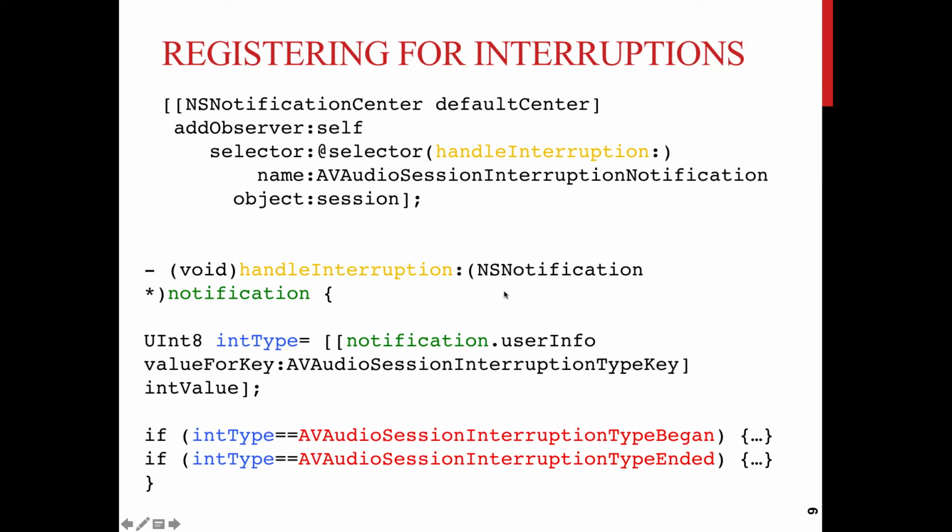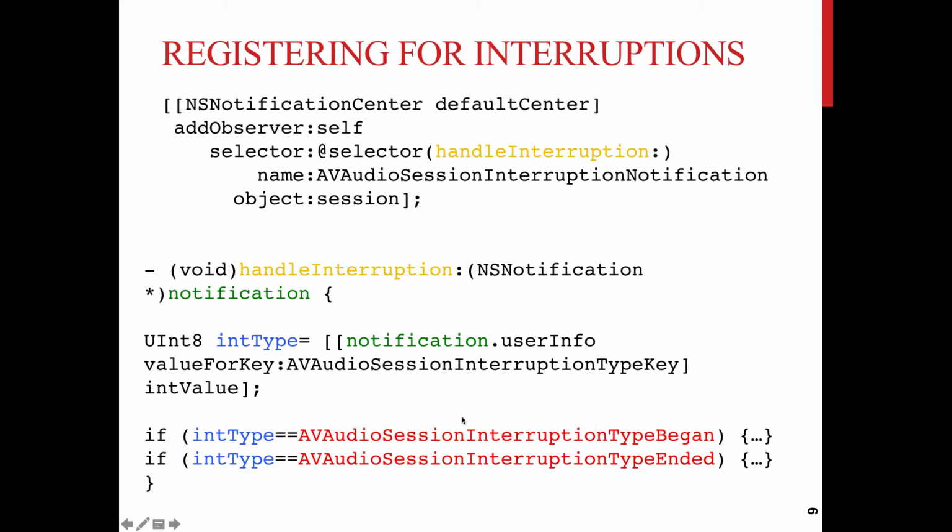We get a notification here, which we can grab some information from. The first thing we're going to do is grab from the notification user info the interruption type. This is just going to be a number, but this number is enumerated, so we can check to see whether it's a begin type or an end type.